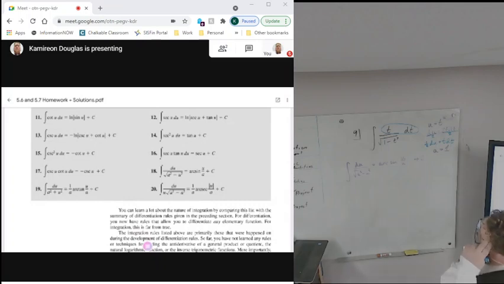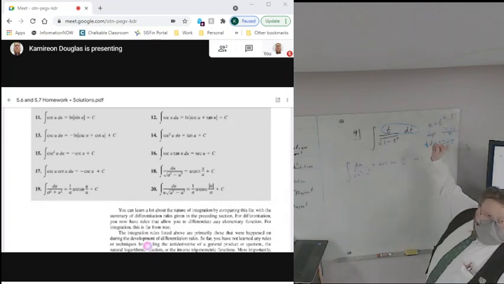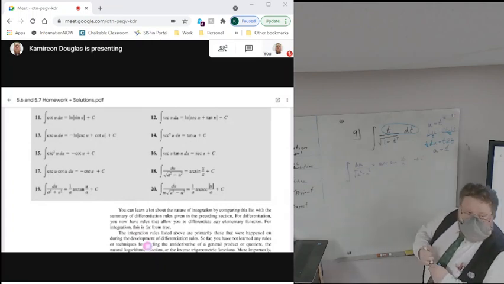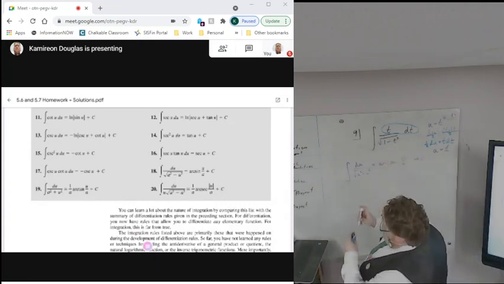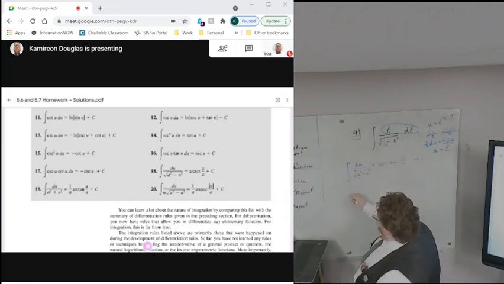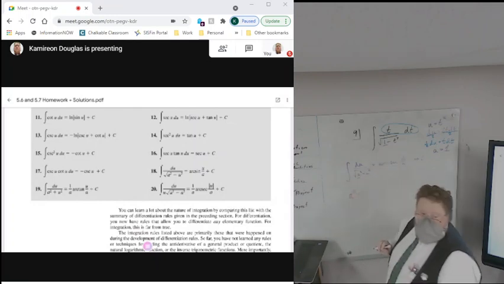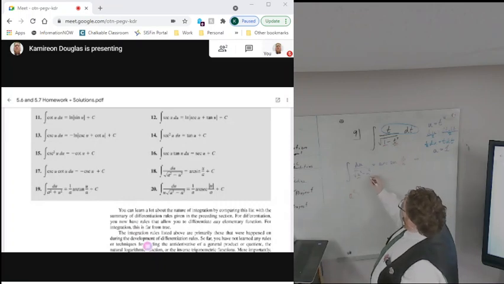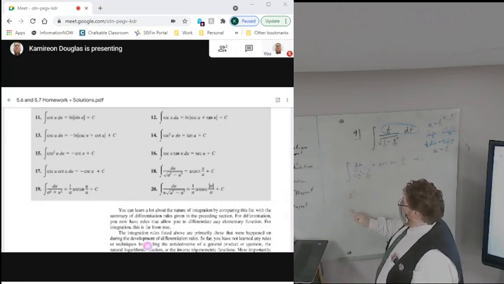Common tricks you can do if you're having trouble figuring out what to use as your u and your a. A very common trick is just pull the two pieces out. I want these two pieces to match, so make them match. And solve. I take the square root of both sides to get 1.